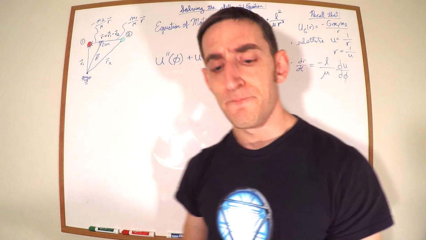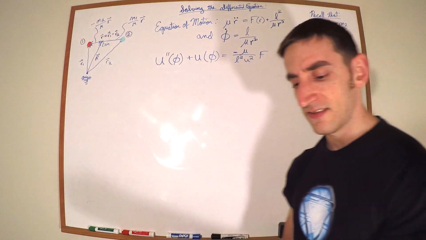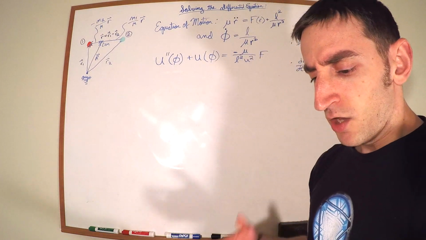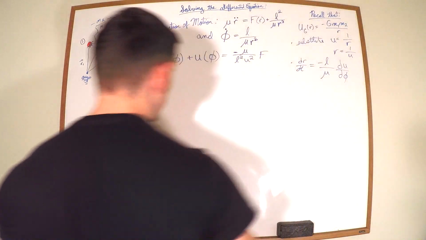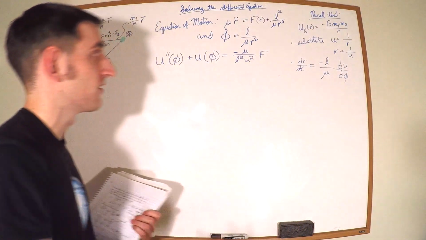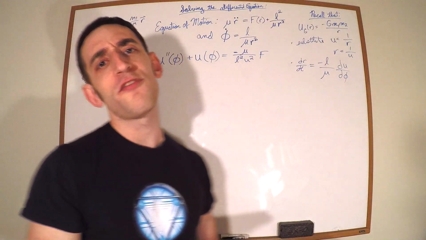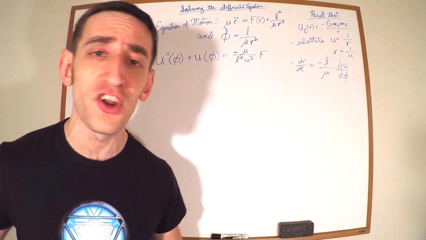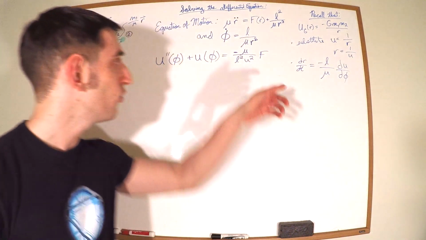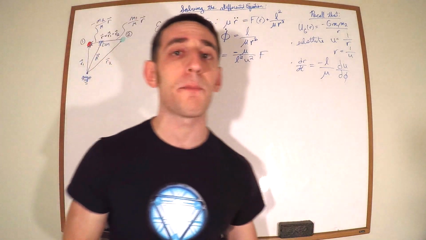In order to do that, what we need to do is really put in what this force F should be, because right now it's an unknown. We know it's a function of r and hence a function of u, but in order to actually solve this, we need to get that parameter in there.